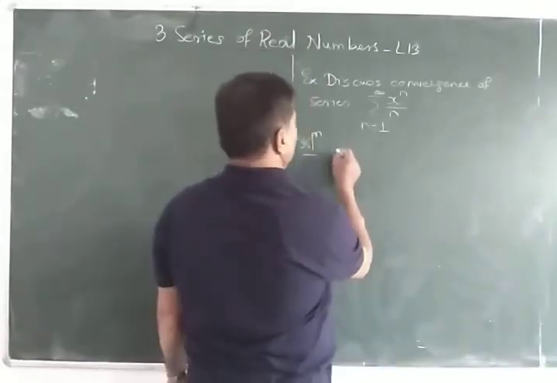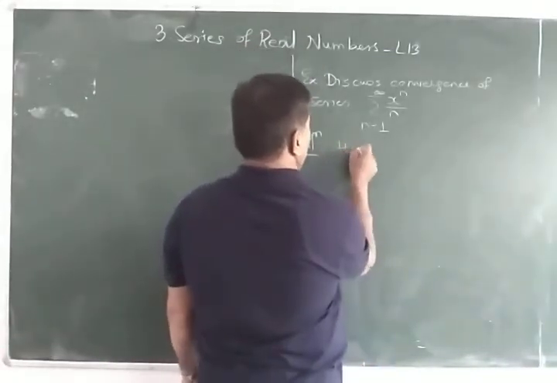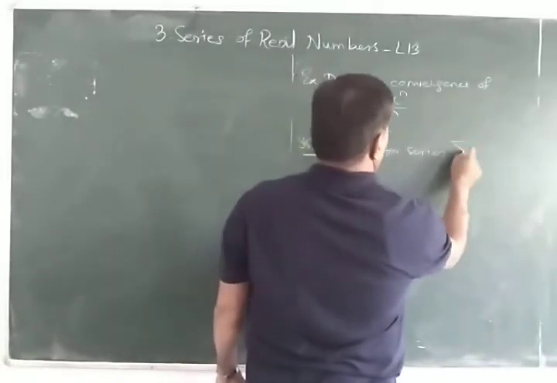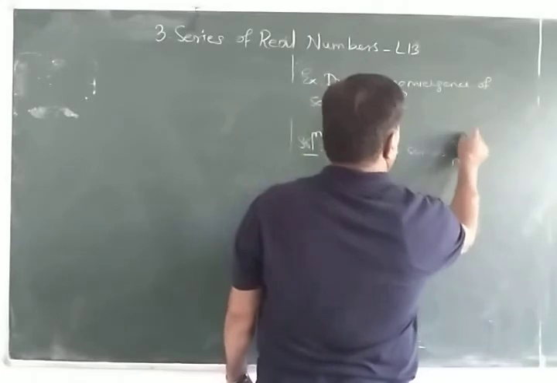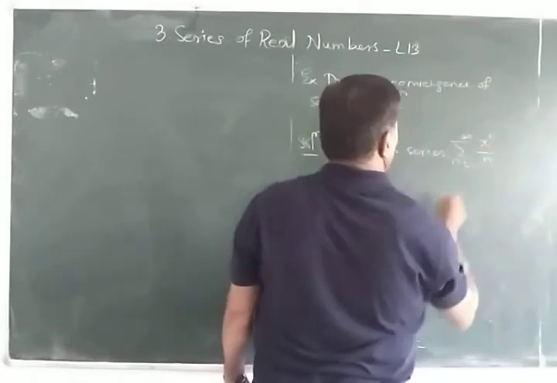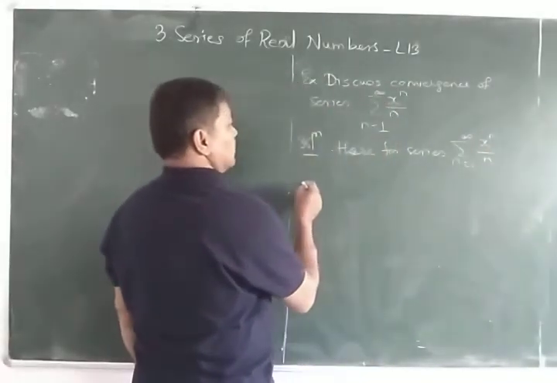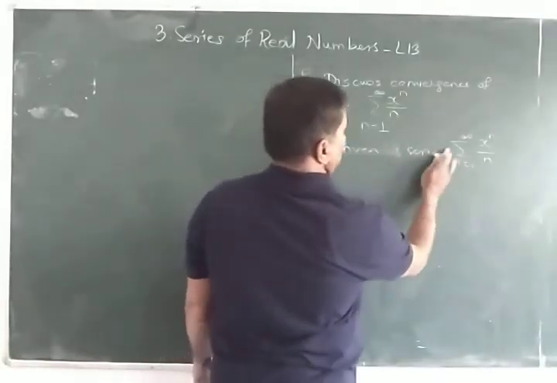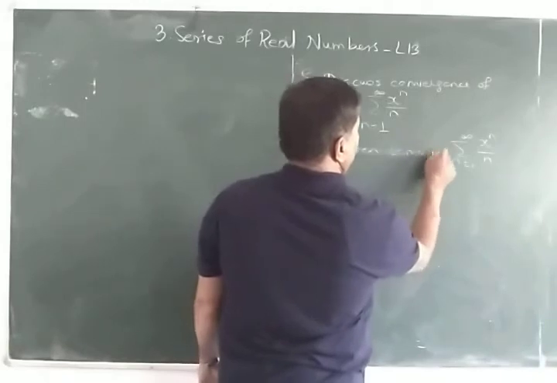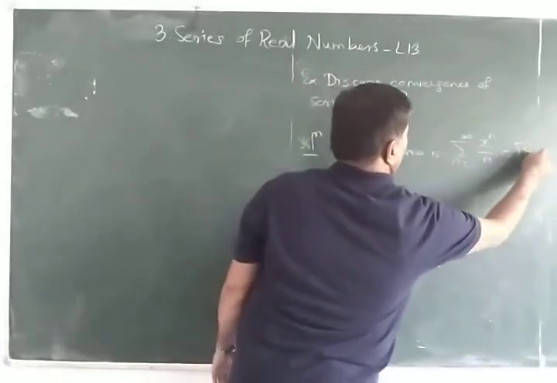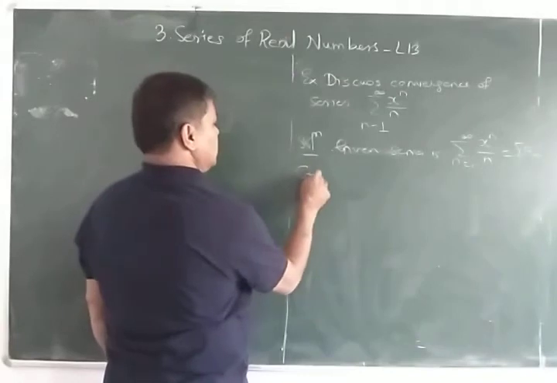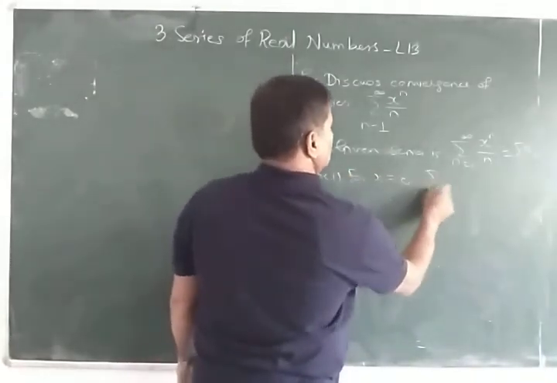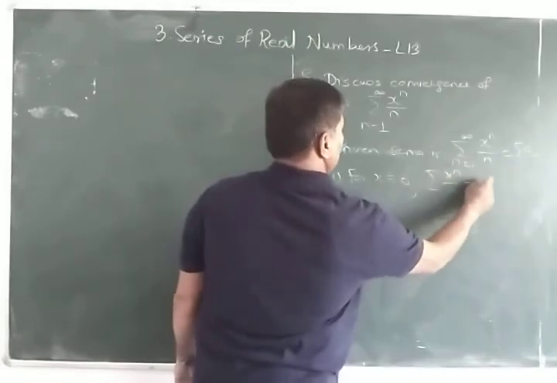Here, the given series is summation of a_n. Case 1: for x equal to 0, summation of x raised to n upon n is 0.